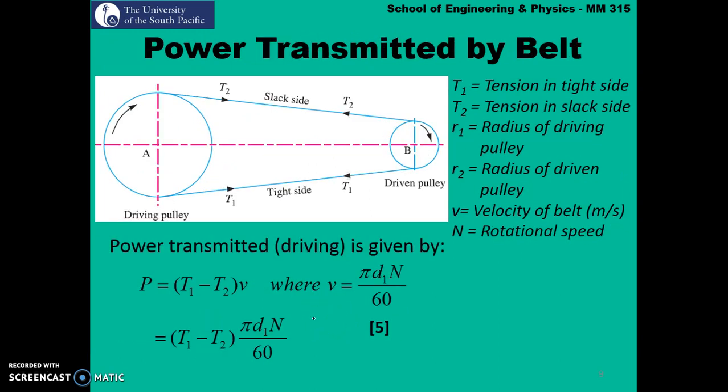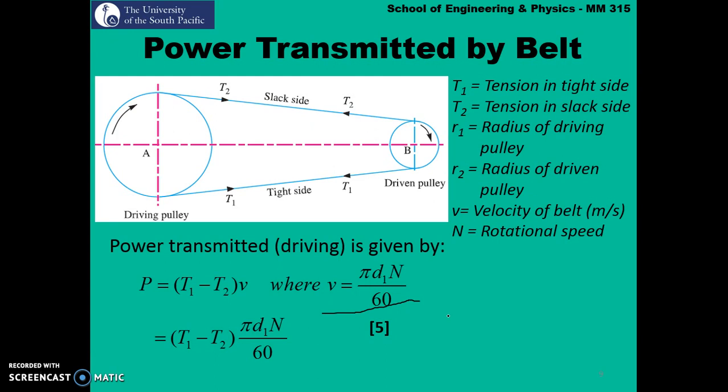Now the last thing that you will be required to do is to find the power transmitted by the belt drive system. It's pretty much straightforward. It is the difference between the tension in the tight and the slack side, T1 minus T2, into your velocity, and velocity is your linear velocity, simply given by pi dn upon 60. Sometimes you might be given two pulleys and you might need to choose which diameter you're going to use.